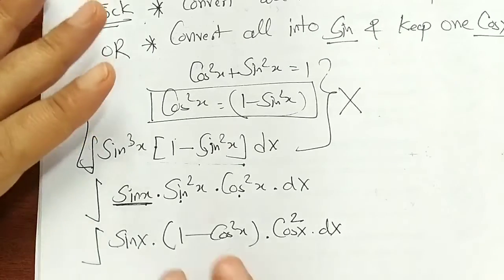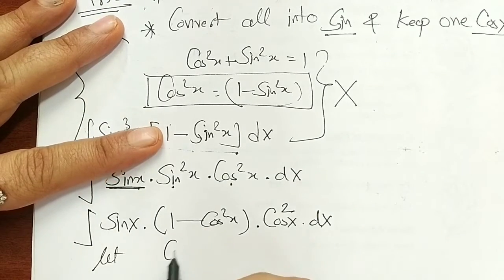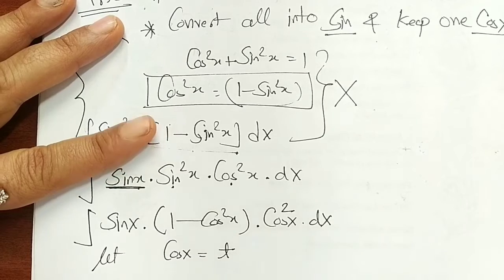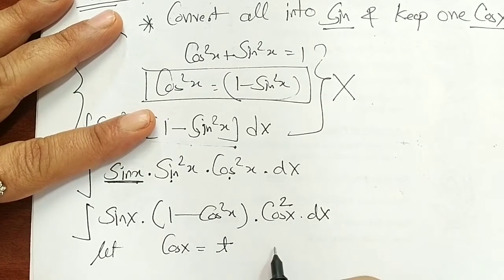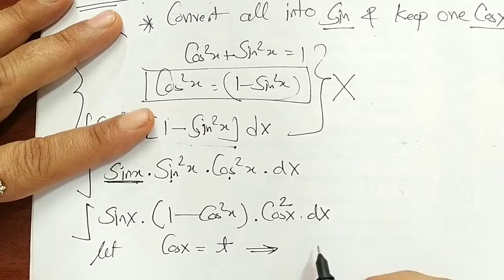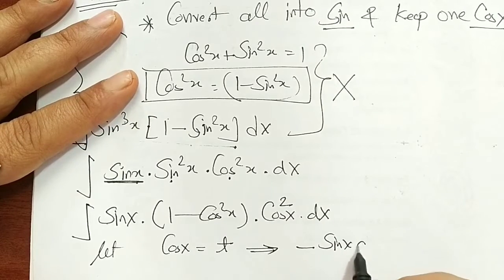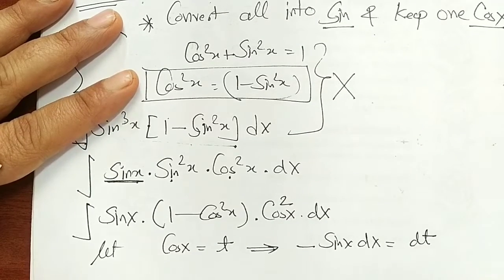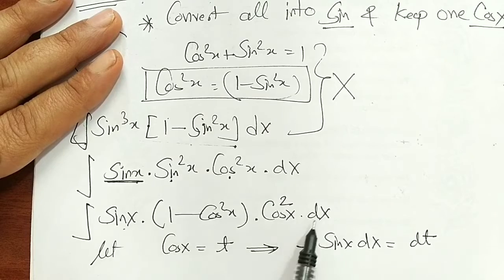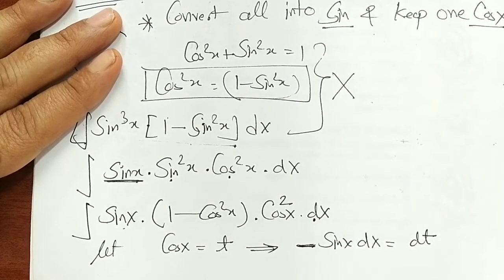So let me assume, let cos x is t. So if this is cos x, what will be the derivative? Minus of sin x dx is dt. So sin x dx is present, only minus is not there. So it's okay, we can send this to the other side.